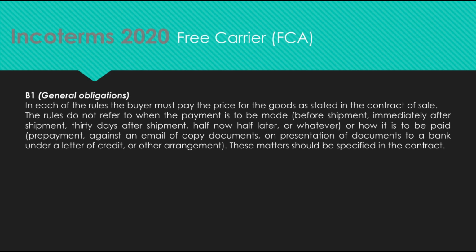These matters should be specified in the contract. So all in all, do not rely on the Incoterms, none of the Incoterms, about the payment terms. Even as a seller or as a buyer, you must rely on the contract for these items.